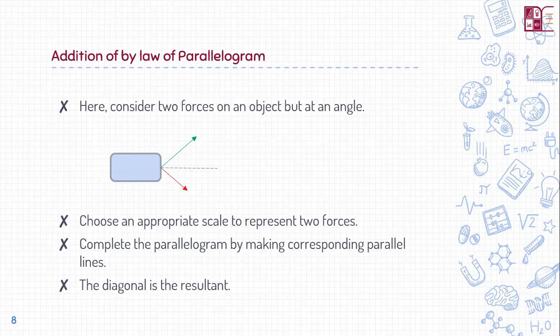Then you're going to complete the parallelogram. Now a parallelogram has a set of parallel lines, so the two set of parallel lines, and we're just going to complete that parallelogram, and the diagonal will be the resultant of the forces that are acting on it. So let's complete this diagram.